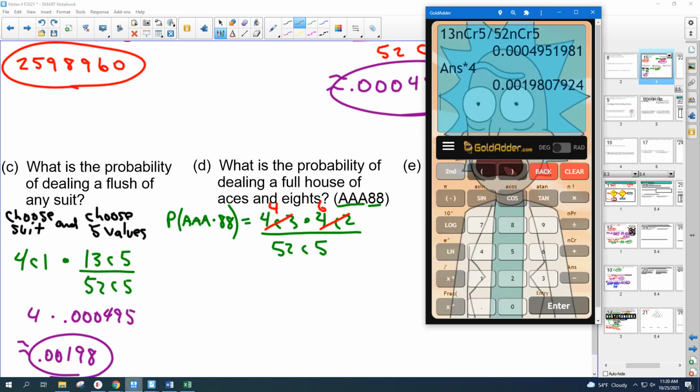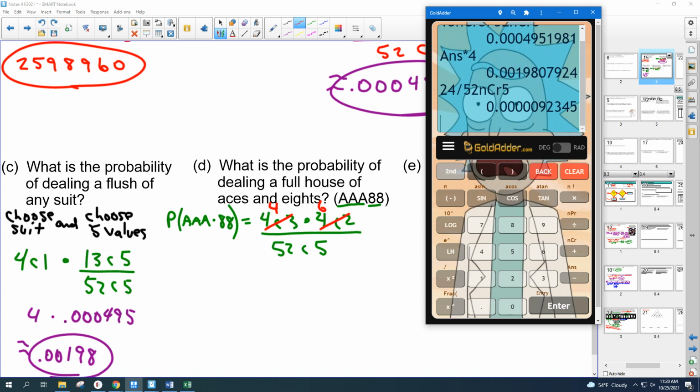So it's going to end up being 24 over 52 choose 5. Or I suppose you could just type it in. 4 choose 3 times 4 choose 2 divided by 52 choose 5. Either way, I see 5 zeros, and then we'll call that 923.